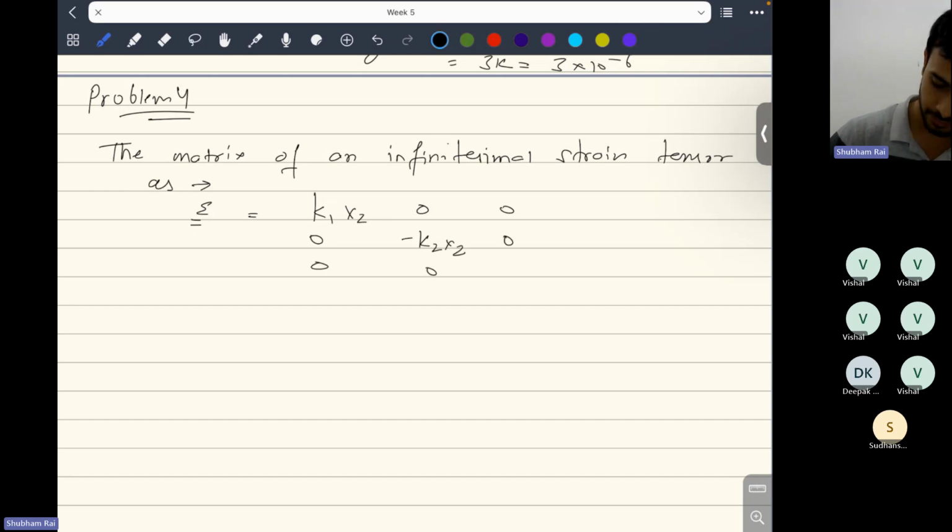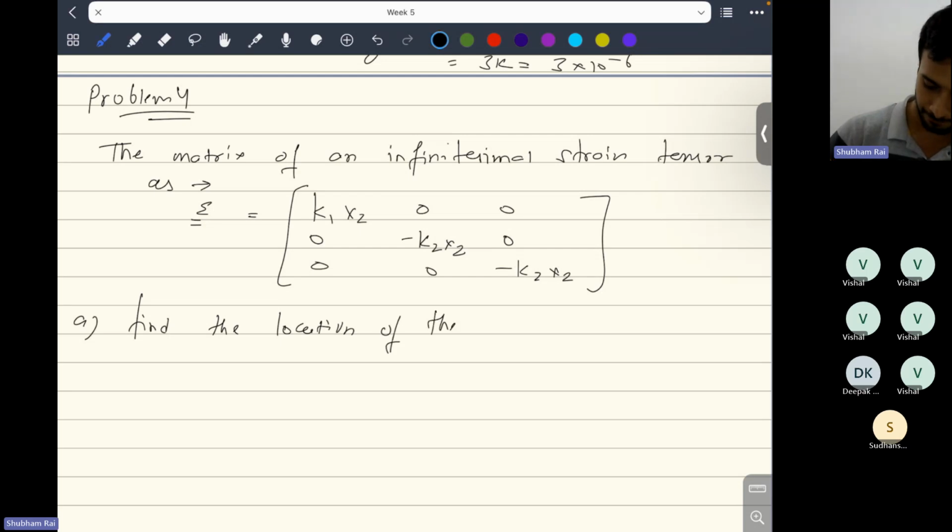So this is given to you as the matrix of an infinitesimal strain tensor. What you need to find out is the location of the particle that does not undergo any volume change.